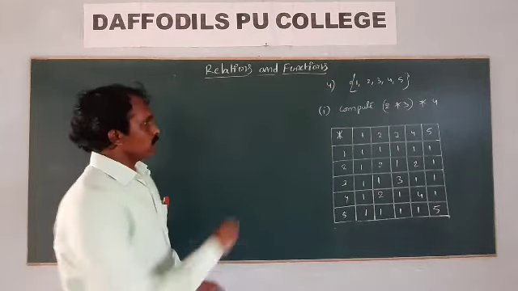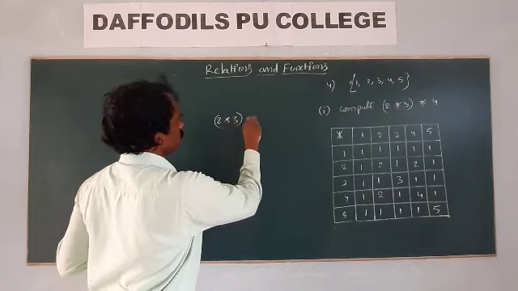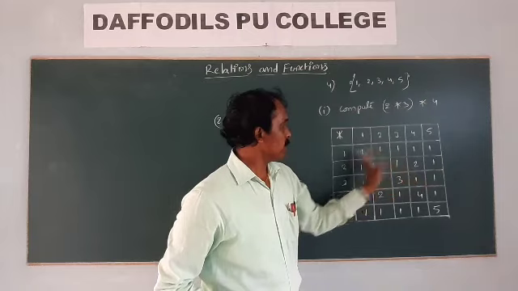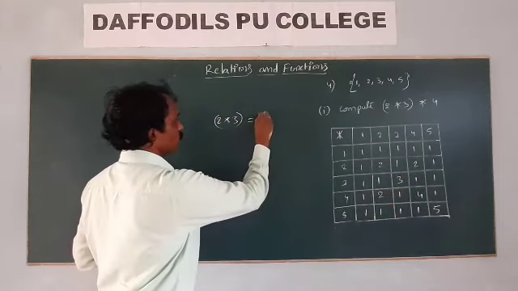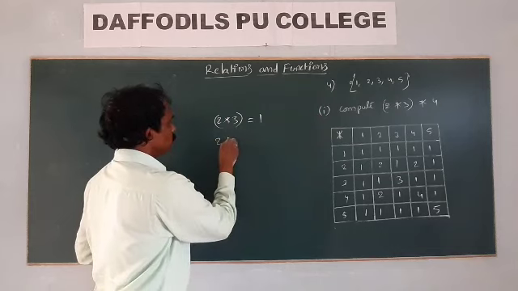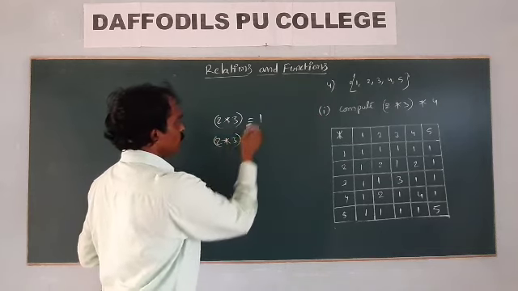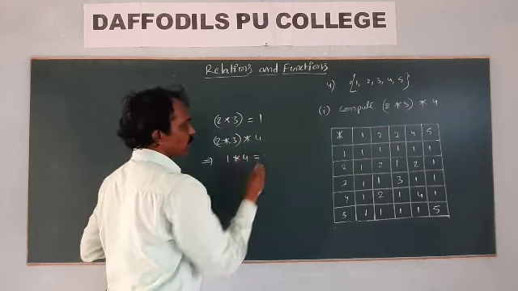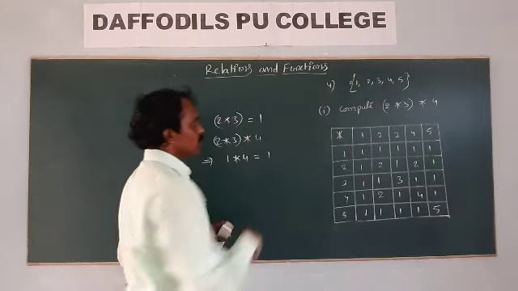First of all, the bracket value 2 star 3. From the table, the corresponding value of 2 star 3 is 1. Now 2 star 3, star 4: this value 1 implies 1 star 4, and the value of 1 star 4 is 1. That is the first bit.